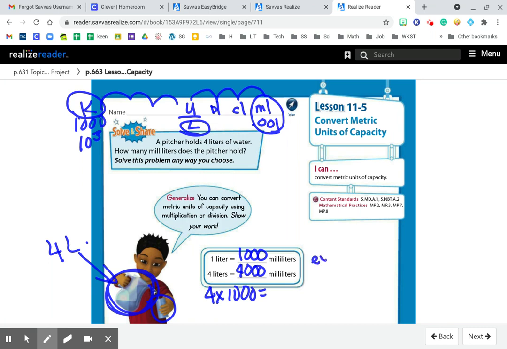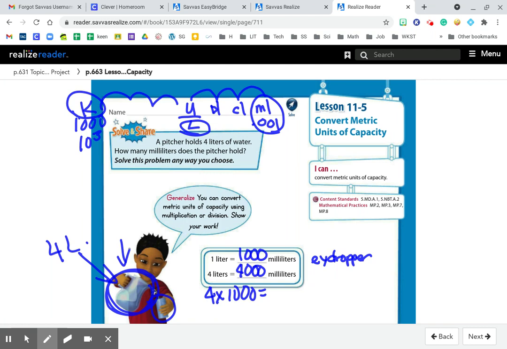So milliliters are super, super tiny. That would be like your eyedropper, a drop of water kind of a thing. And 4 liters, this giant pitcher here, is like a small soda can. If you have a can of soda, that is about 300 milliliters, just in one can of soda.